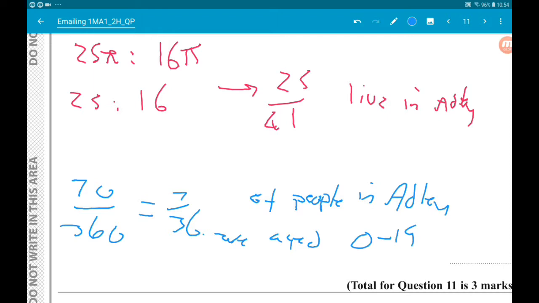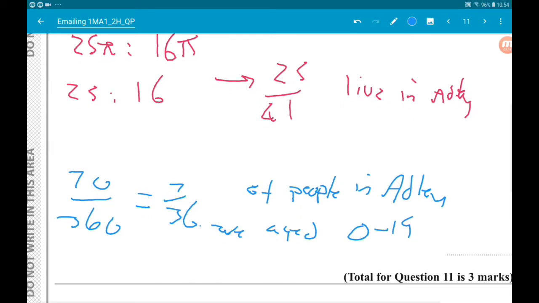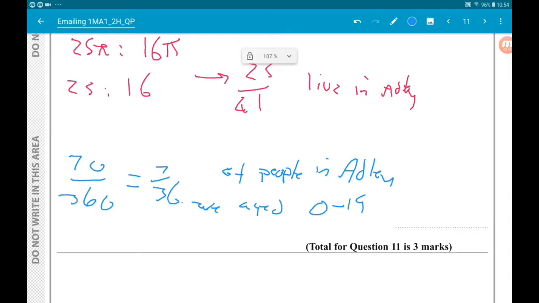So, on the whole, that is 7 over 36 of 25 over 41. So, to calculate the final answer, we do 7 over 36 times 25 over 41, and let's see what we get.